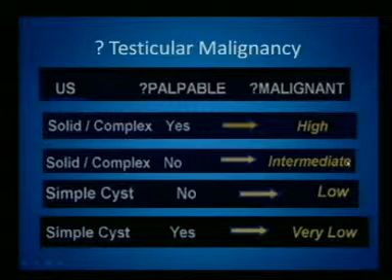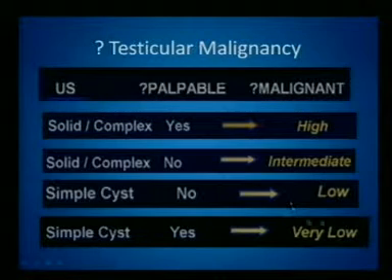Simple cyst, if it is not palpable, has a low probability of malignant tumor, but we should follow this patient because some of them will change to malignancy. Simple cyst, if it is palpable, has a very low probability of malignancy.